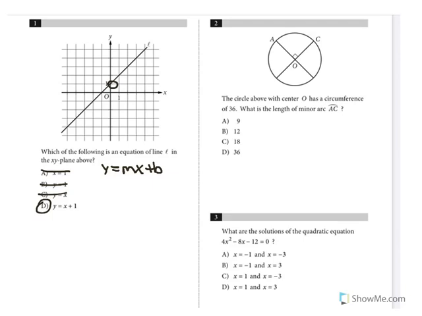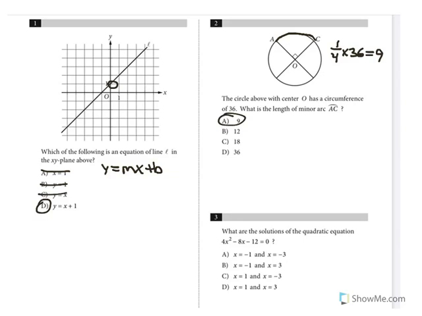Since these are all 90-degree angles, each one of these angles is 1/4 of the total number of degrees in the circle. So 1/4 of 360. That means this arc right here is going to be 1/4 of 36, which of course equals 9.